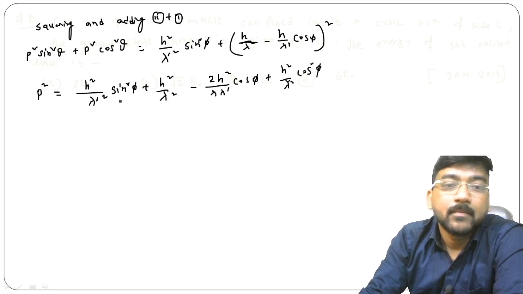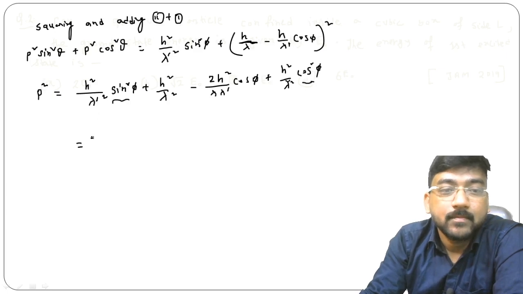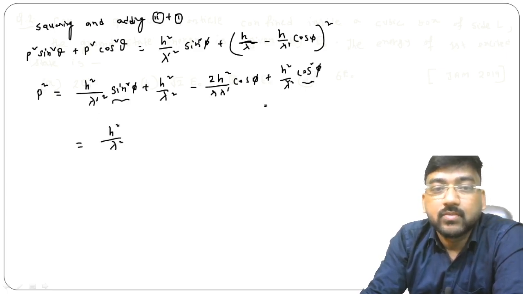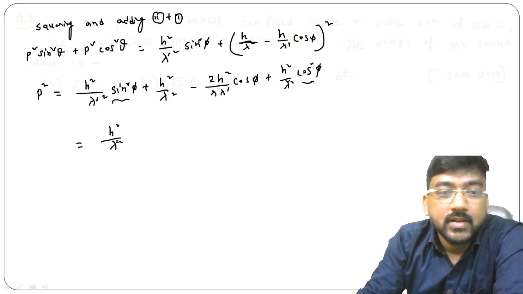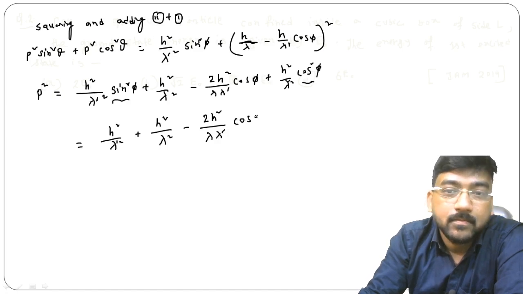Now you can see again, here is sin square phi, here is cos square phi, so if we take common h square upon lambda dash square into sin square plus cos square, that is 1, plus h square upon lambda square minus 2h square upon lambda lambda dash cos phi. So this is your p square.